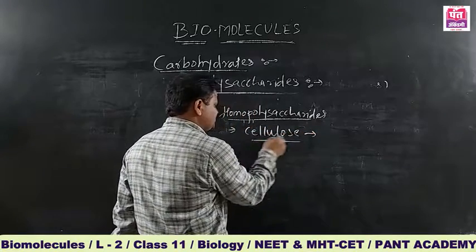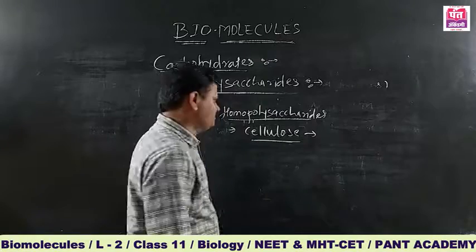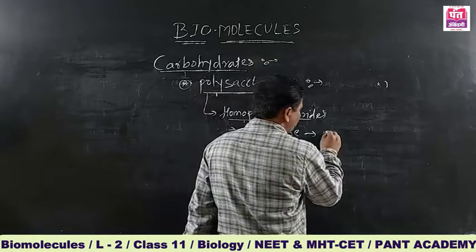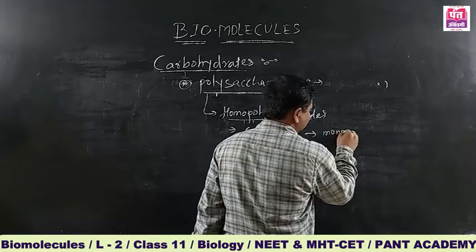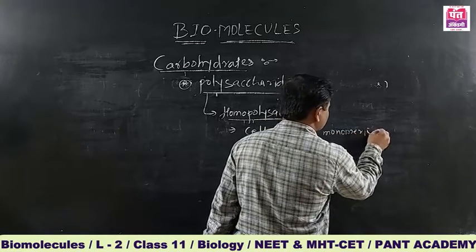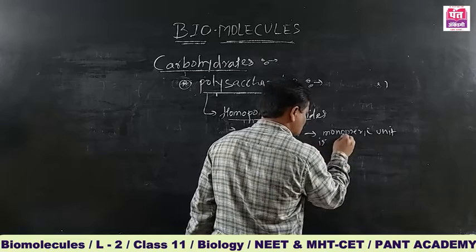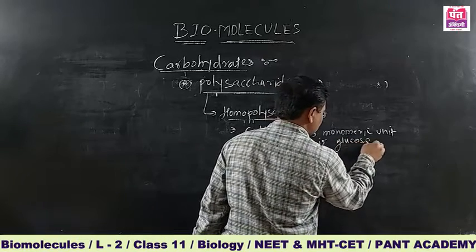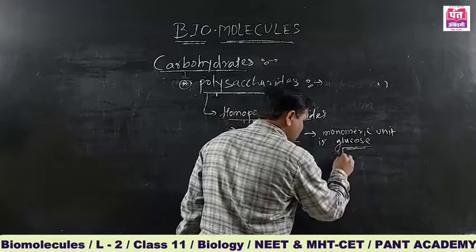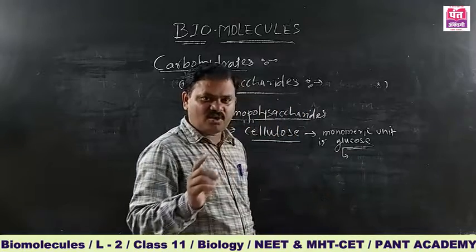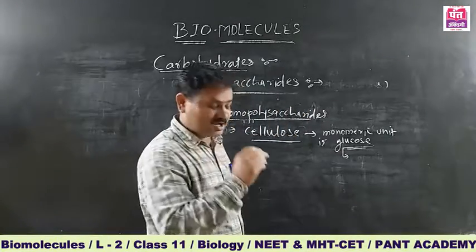Cellulose. In the cellulose, what we can see, the monomeric unit is glucose itself. But this glucose is not found in the alpha conformation.